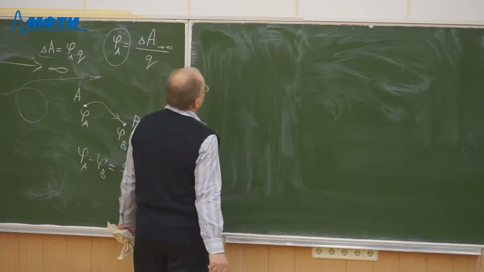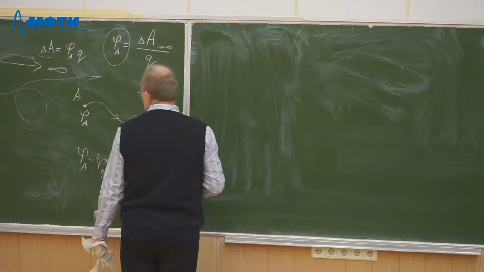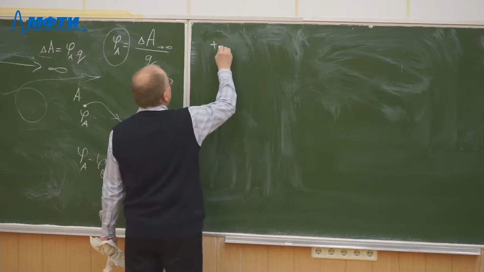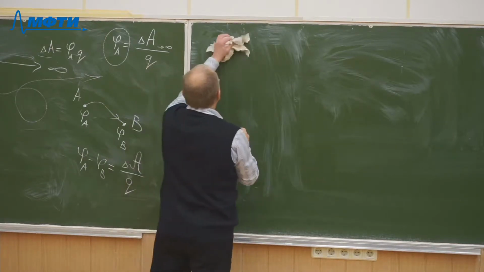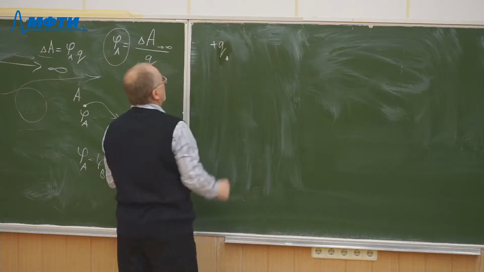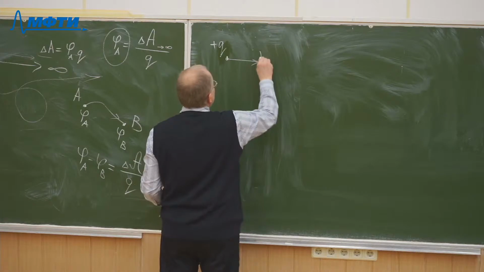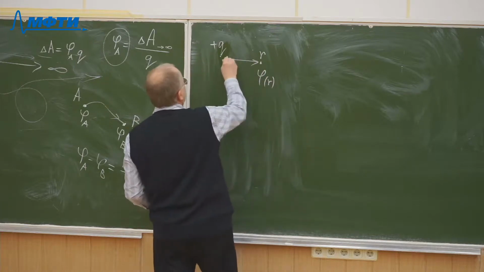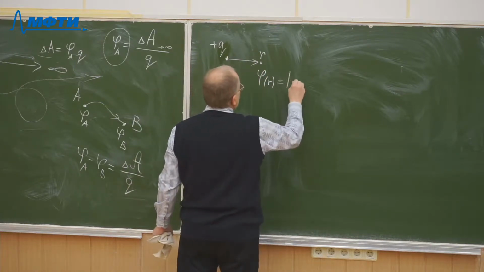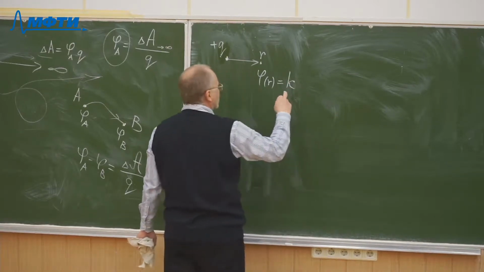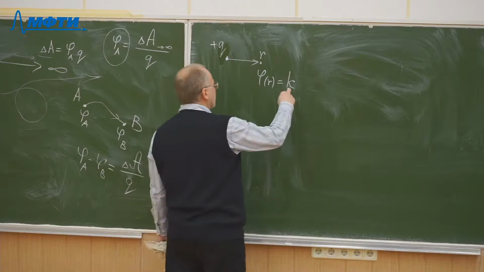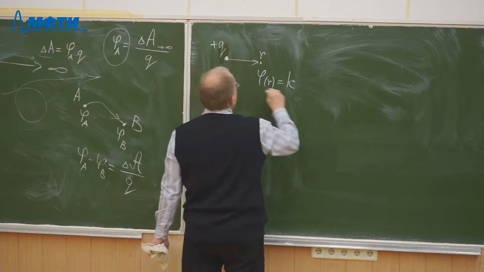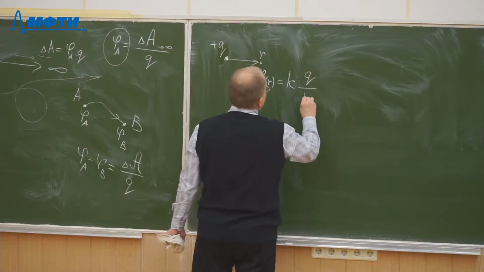So I give you some formulas. If we have a field of a point positive charge plus q, then the field potential at the distance r, as a function of distance from the point charge, will be given as coefficient k, which in the international system equals 9 times 10 to the power of 9, and the central charge q divided by r.